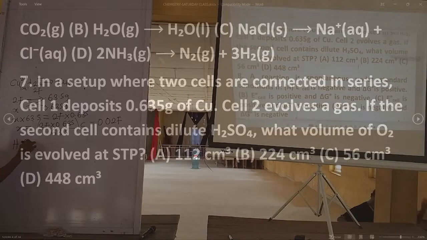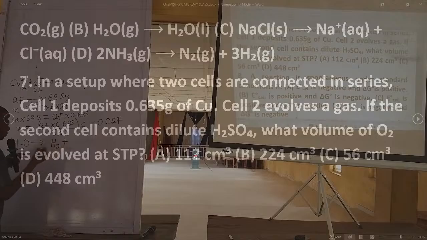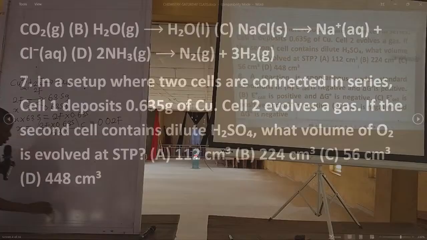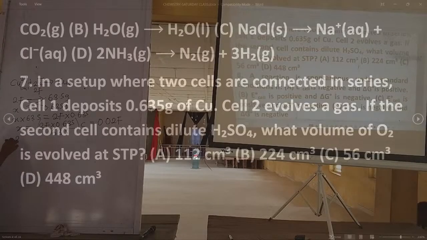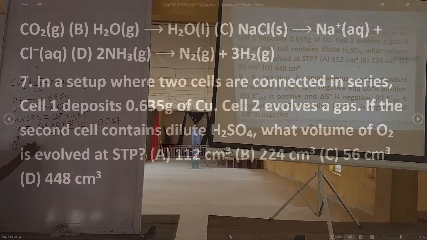H2O will give us H2 plus... or, to make it simple for you, you can just write your ionic equation straight away. So O2- because we know that oxygen is a divalent ion. O2- gives us oxygen gas, and then electrons.